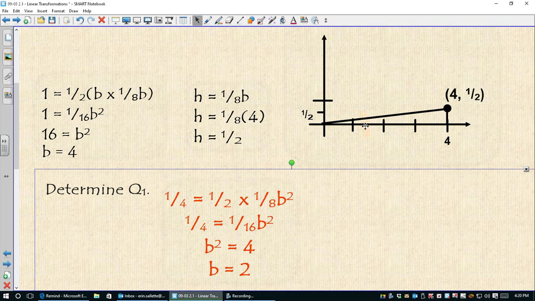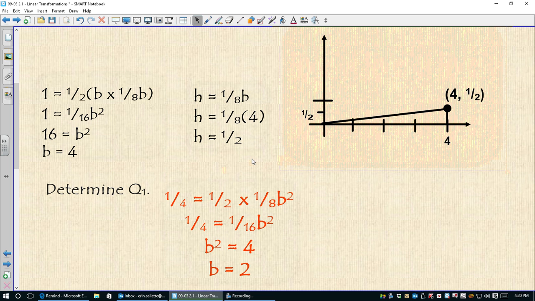And that will tell me the point at which 25% of the area, 1/4, is to the left. So I substitute that into my 1/2 base times height formula that I came up with, and I end up that b is 2. So here, at this point, 25% of my area is to the left and 75% is to the right.